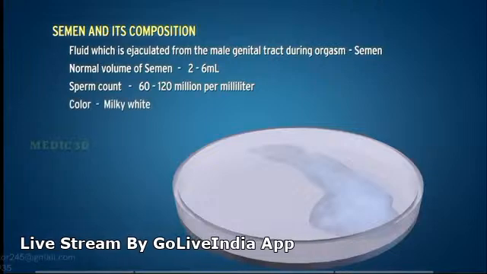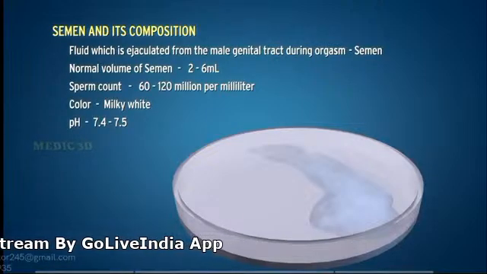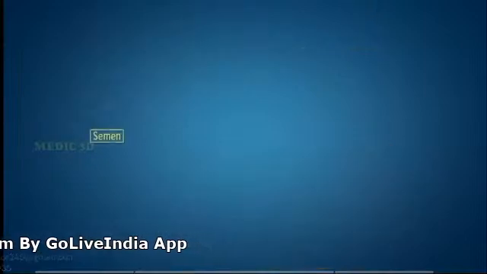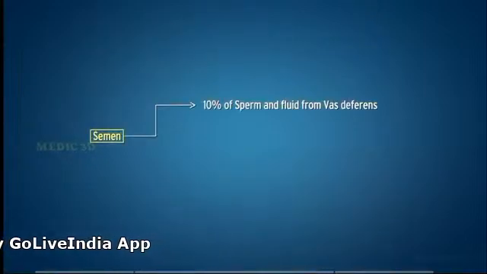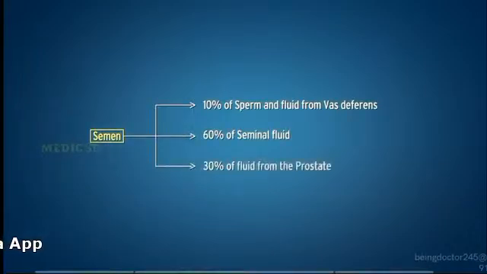It is milky white in color and has a pH of 7.4 to 7.5. The semen contains 10% of sperm and fluid from vas deferens, 60% of seminal fluid, and 30% of fluid from the prostate.